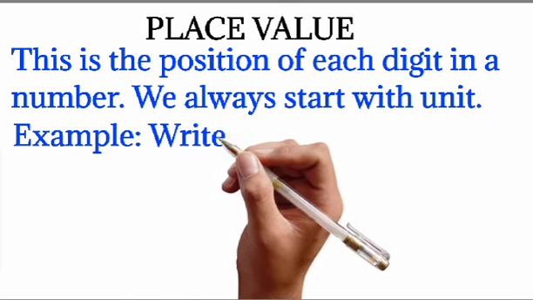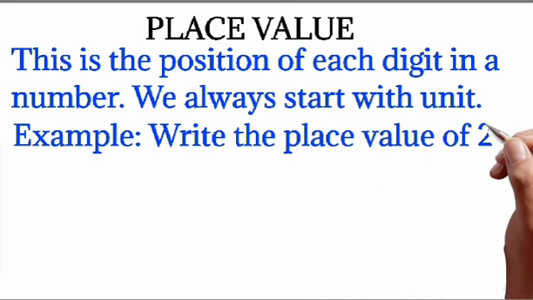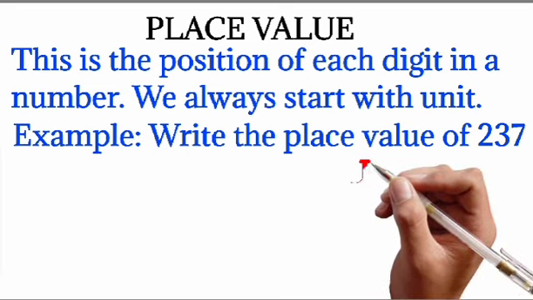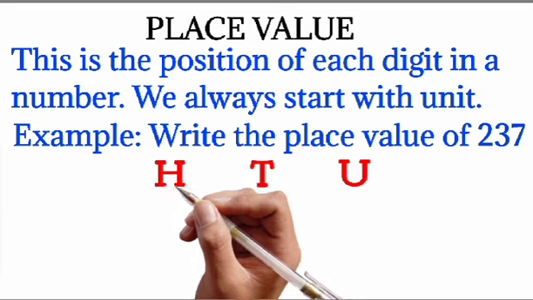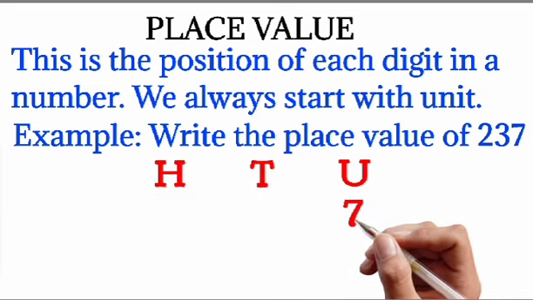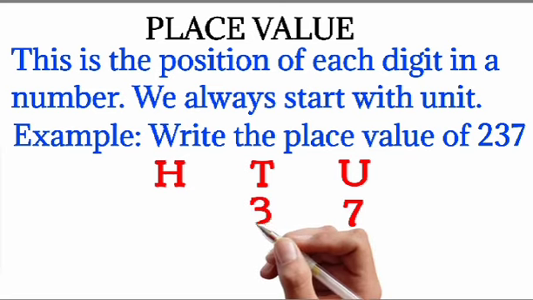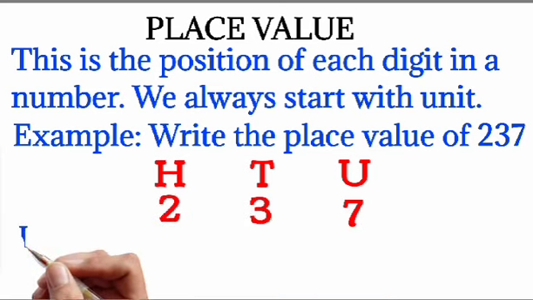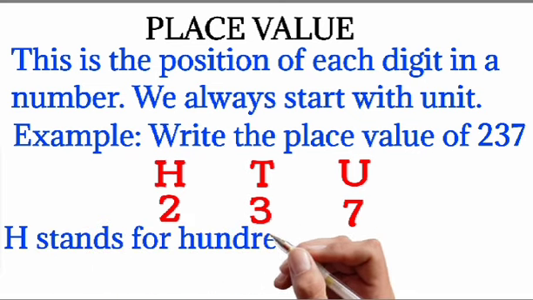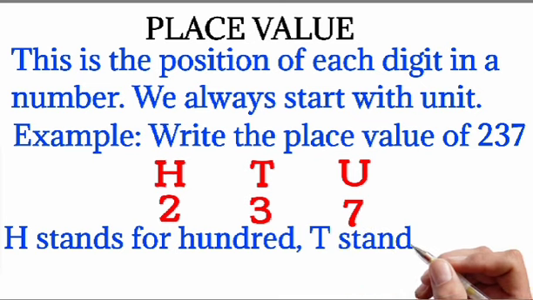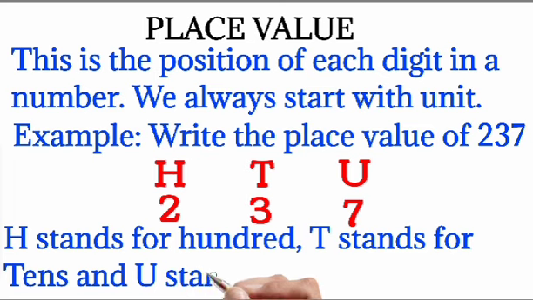Example 1. Write the place value of 237. First, we write our units, followed by tens, and followed by hundreds. The 7 is under the U, the 3 under the T, and the 2 under the H. The H stands for hundreds, the T stands for tens, and the U stands for units.